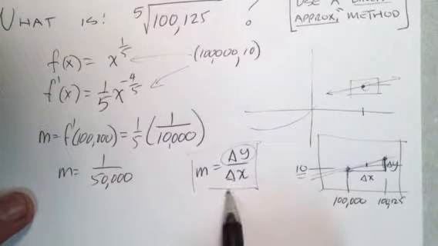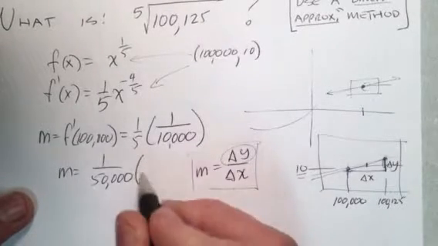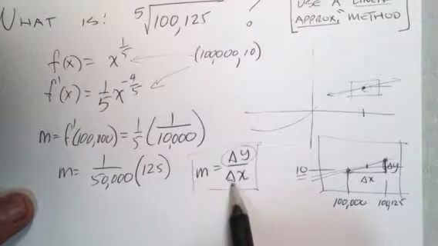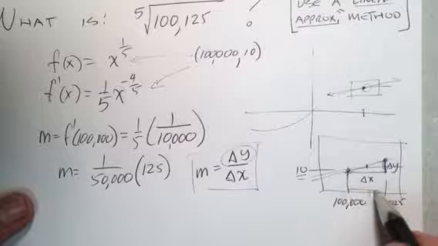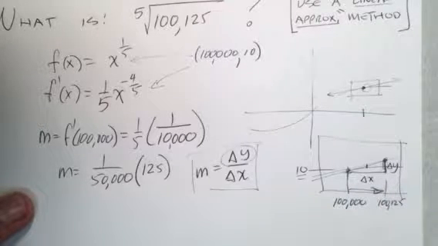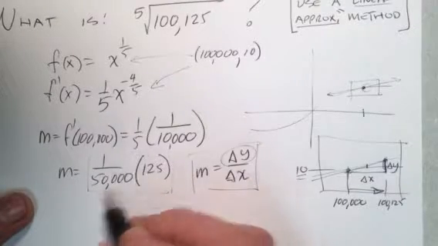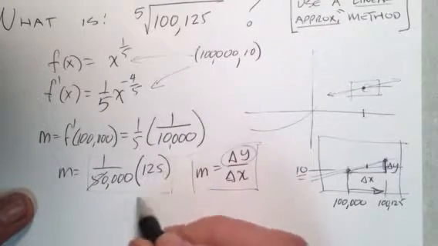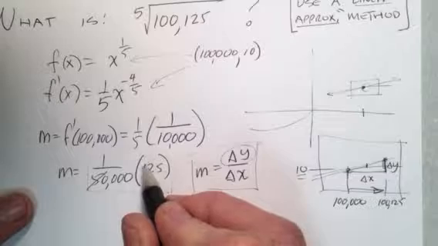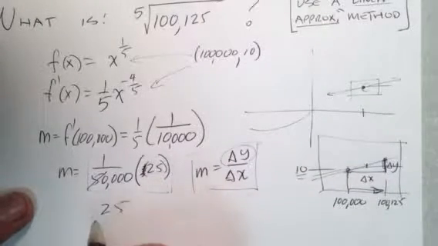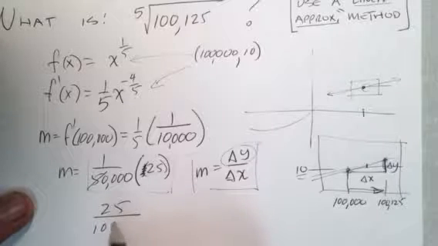So I multiply both sides by delta x. I simply multiply this by 125, because that's how much my delta x is. I've gone over an additional 125. When I multiply this, I get a 5 to cancel, and divide 125 by 5, and I get 25. So I get 25 over 10,000.